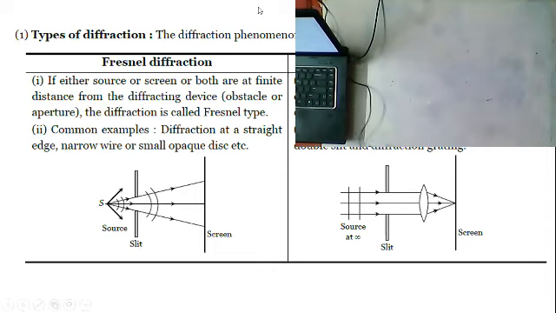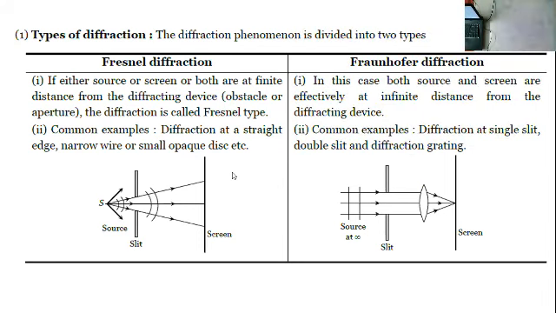In Fresnel diffraction, we are not using any convex lenses, but in Fraunhofer diffraction we are using convex lenses in order to obtain the diffraction pattern.